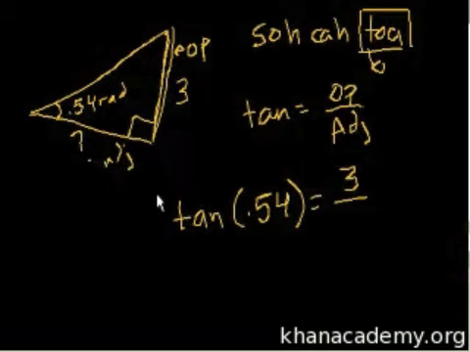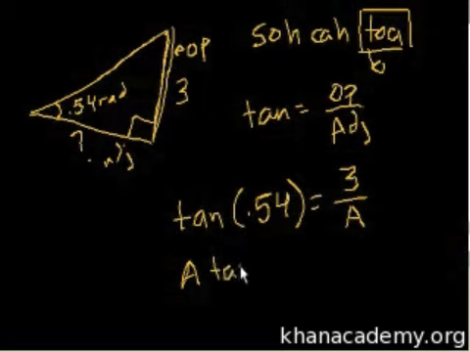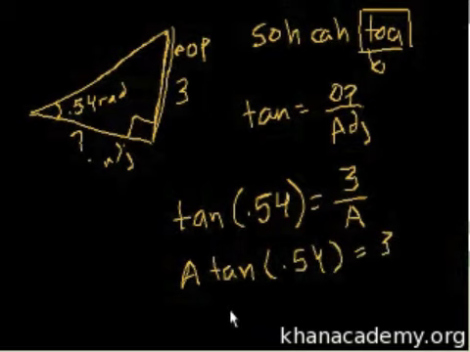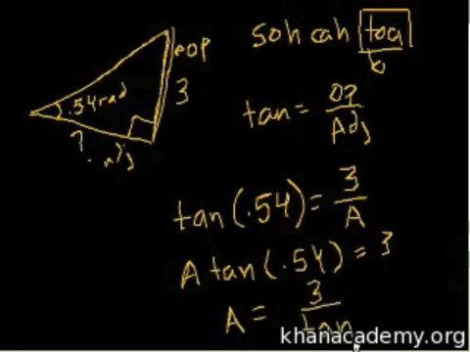Once again, the adjacent side is what we don't know, so we have to solve for A. If we multiply both sides by A, we get A tan of 0.54 equals 3, or A is equal to 3 divided by the tangent of 0.54.